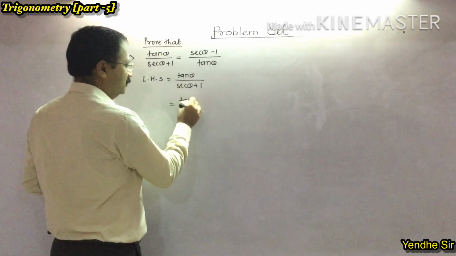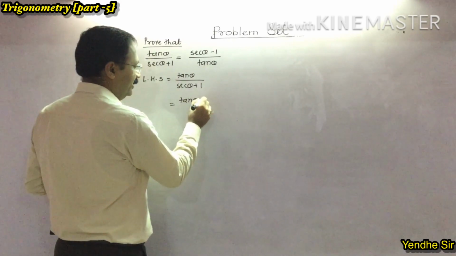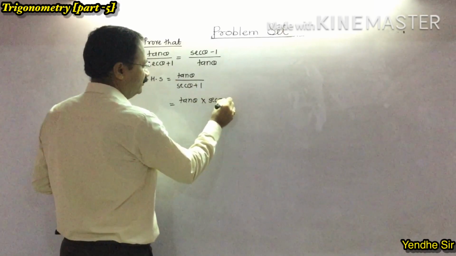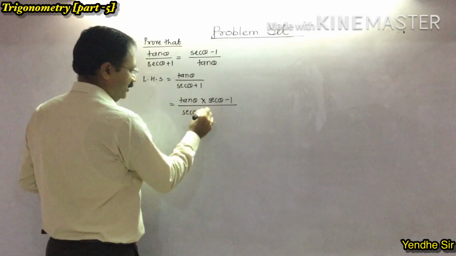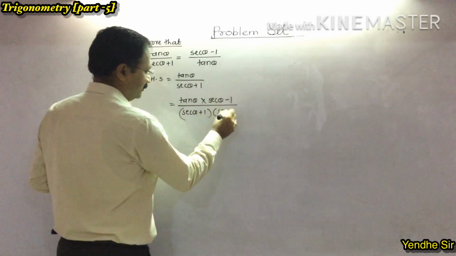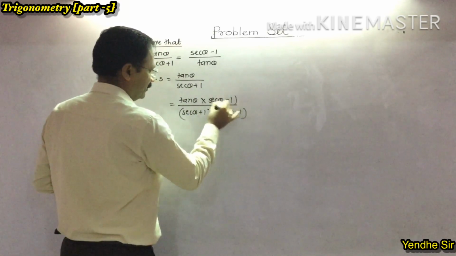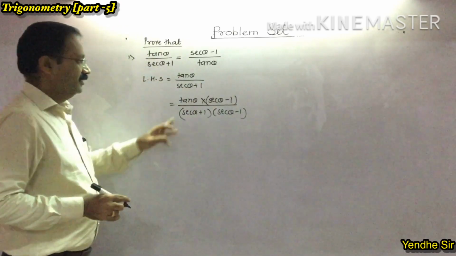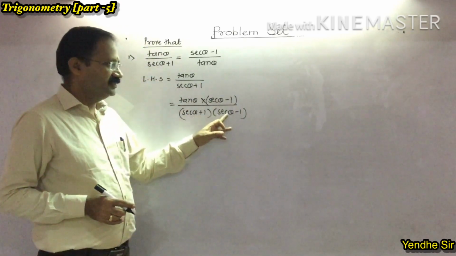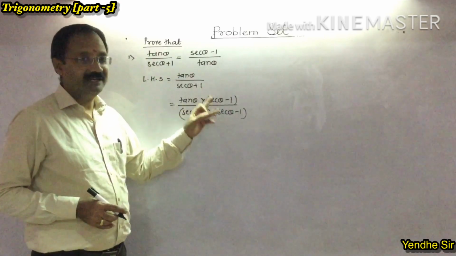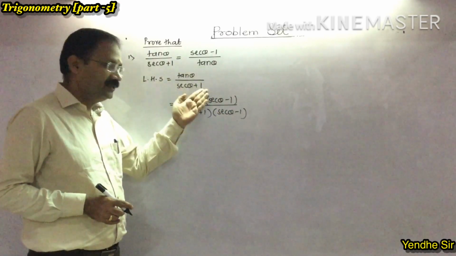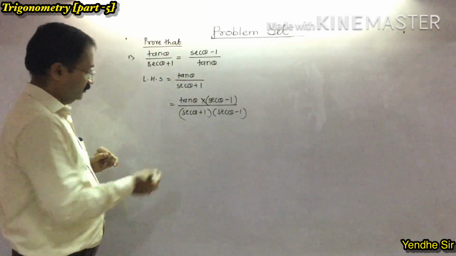You have to multiply by sec theta minus 1, that is sec theta plus 1 into sec theta minus 1. So I have multiplied by sec theta minus 1 in the numerator and the denominator.